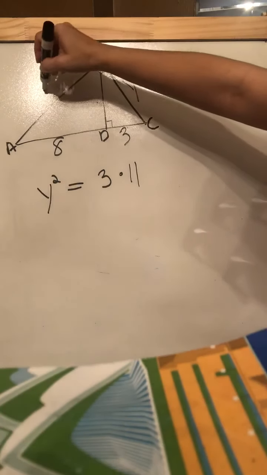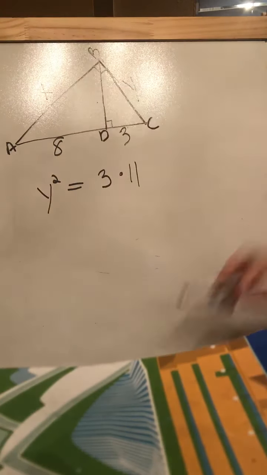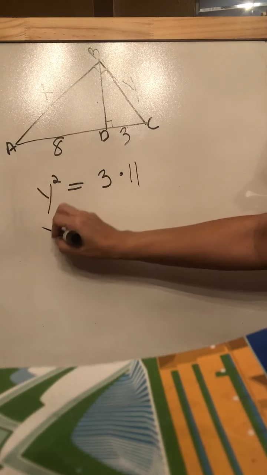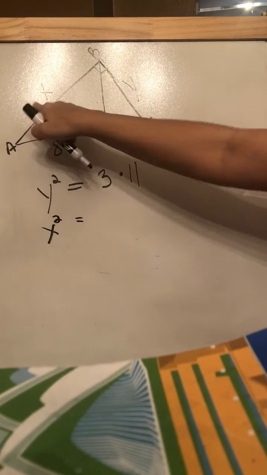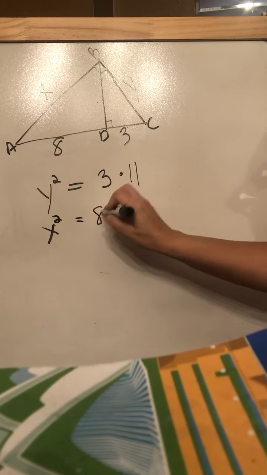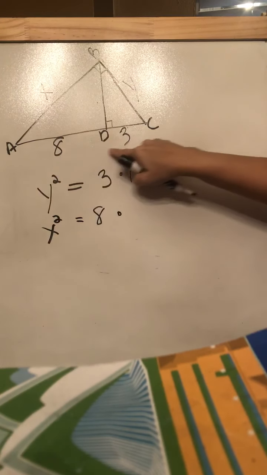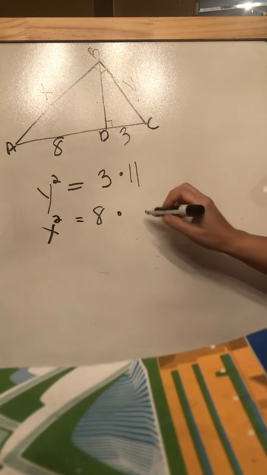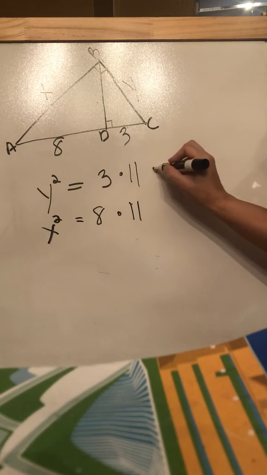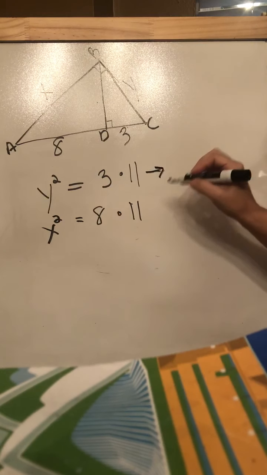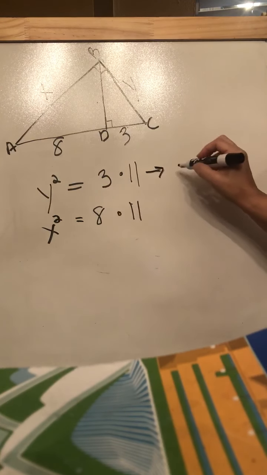How about if x was this side over here? How do you figure that one out? So this would be our x squared equals the part of the hypotenuse connected to that side of the leg, 8, times my whole thing, which is 8 plus 3, which is 11. So here we have y squared equals 3 times 11, which is 33.